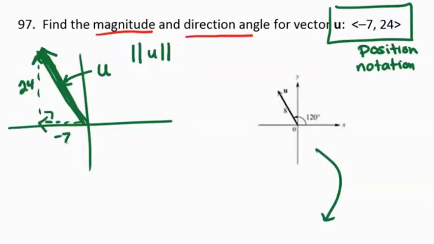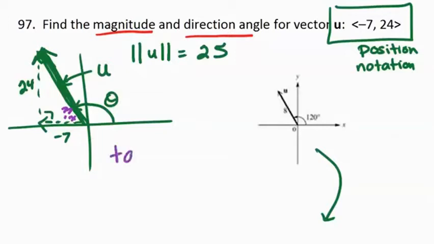And do you remember Pythagorean triples 7, 24, 25? If you didn't, then you'd have to go through Pythagorean theorem. And now we want the direction angle, so we need to find this angle right here from standard form. Well, the first thing that we need to do is to find this angle right here. And again, don't worry about this too much on your exam because you're not going to have a trig calculator, so I'm going to put x there.